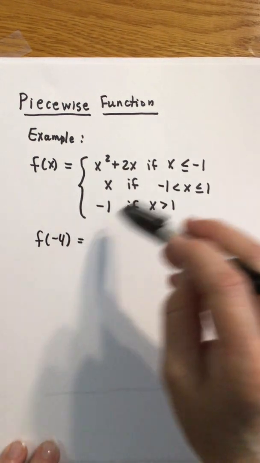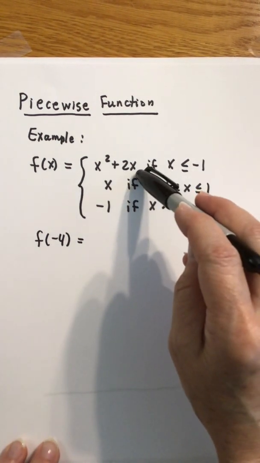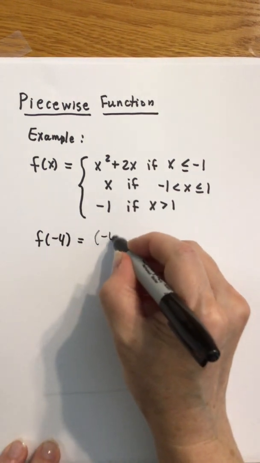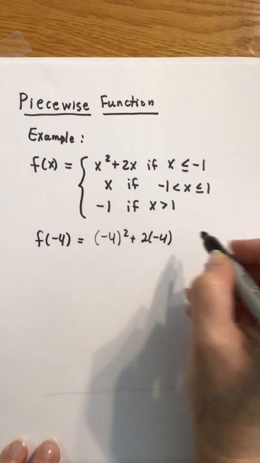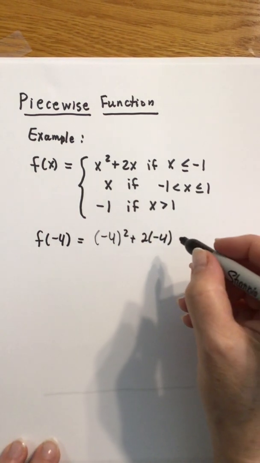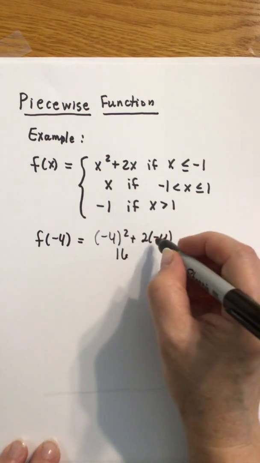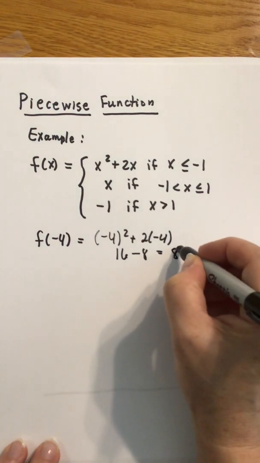Negative 4 we know is less than or equal to negative 1, so we're going to use x squared plus 2x. So we put in negative 4 squared plus 2 times negative 4. That would give me 16 plus a negative 8, which gives me a positive 8.